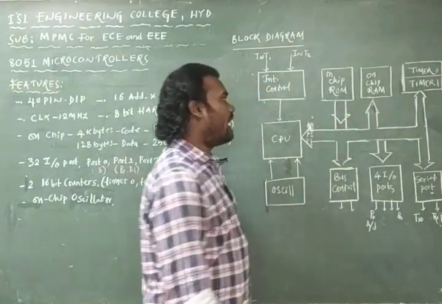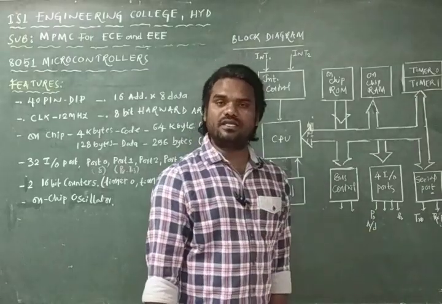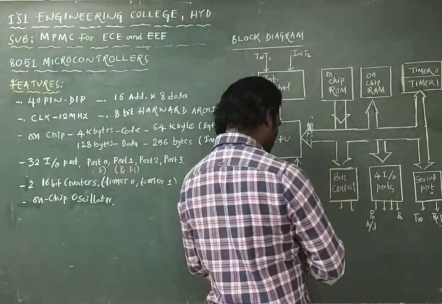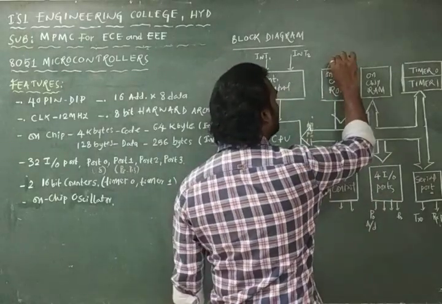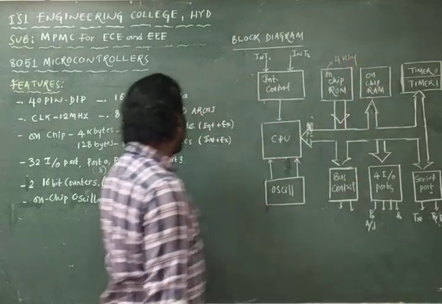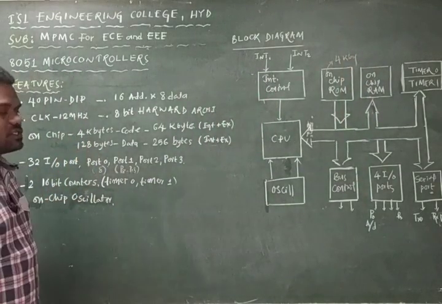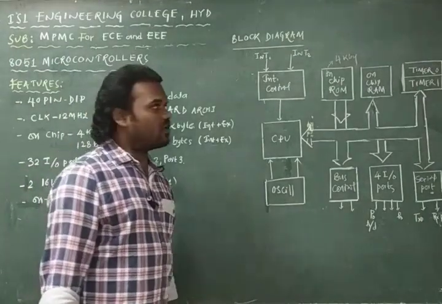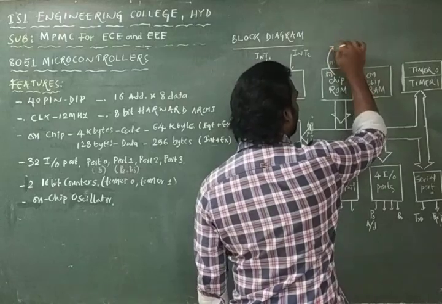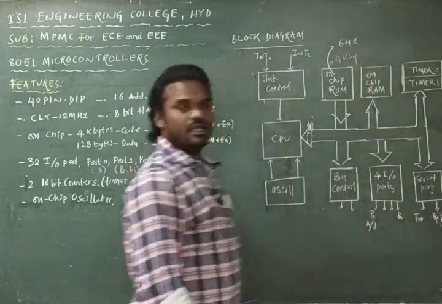We know that on a microcontroller chip we have on-chip memory, and this is the on-chip ROM. ROM is read-only memory and it is a code memory. The maximum size of this on-chip code memory is about 4 kilobytes, but it can be expanded up to 64 kilobytes by connecting external devices, including the external and the internal.